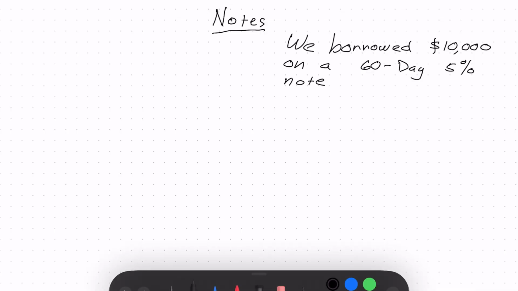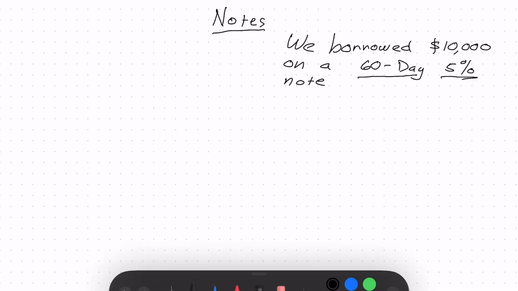Okay, it's going to be important for us to understand a few of the things going on here. First being, how long is the note for? So we know our note is going to be for 60 days. The second, what is the percentage rate? Now this is a part that might get a little bit tricky. We see that percentage rate and we assume it's going to be the percentage rate we use for the entire thing.